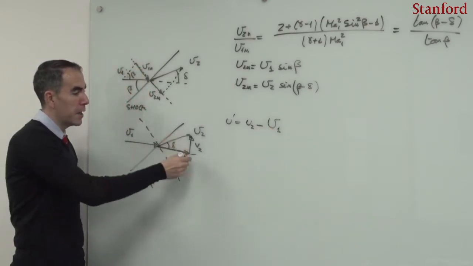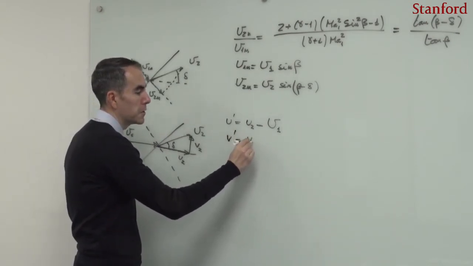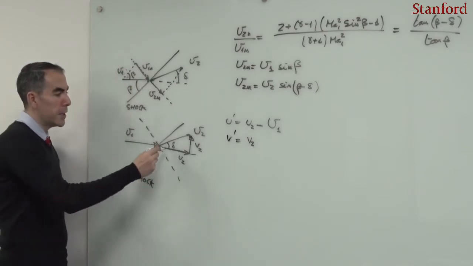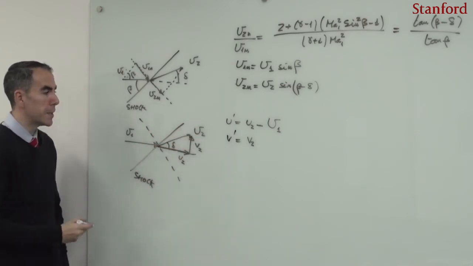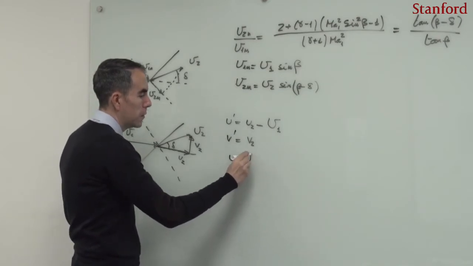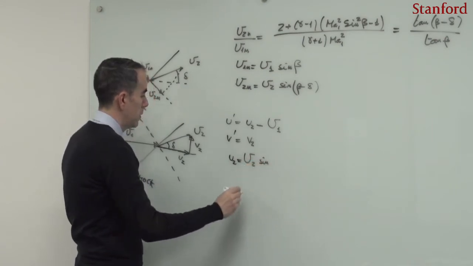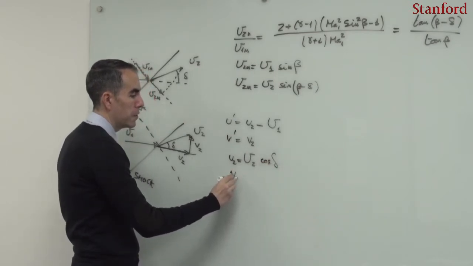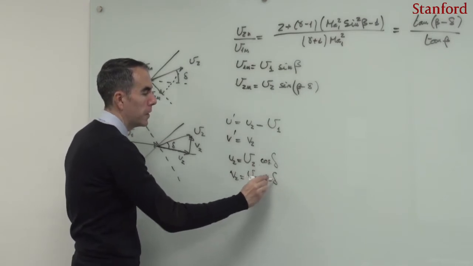And then a vertical velocity disturbance v prime, which is just equal to v2. It is also important to realize that these components are related to the post-shock velocity by this angle delta, in such a way that u2 is just capital U2 multiplied by the cosine of delta, and v2 is just capital U2 multiplied by the sine of delta.